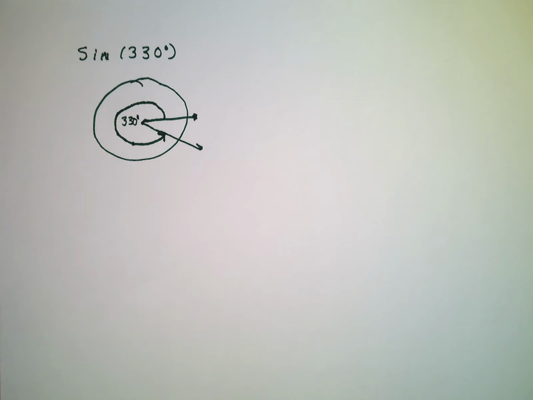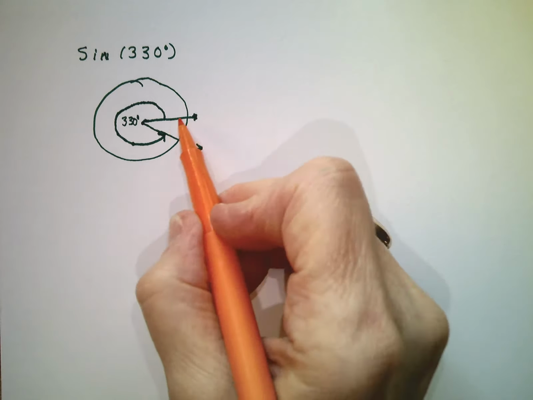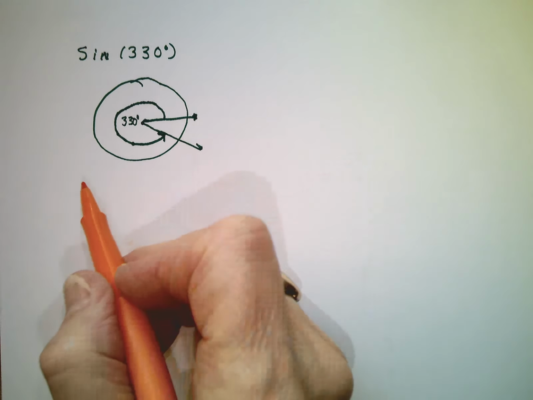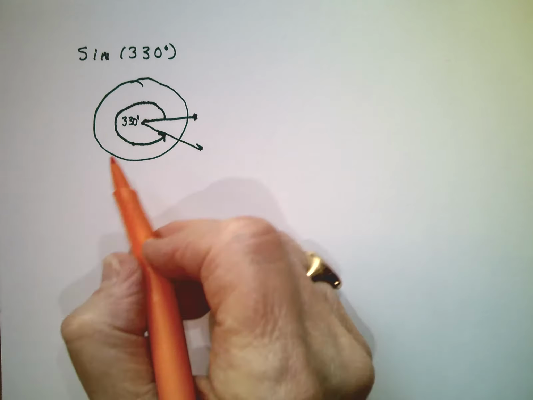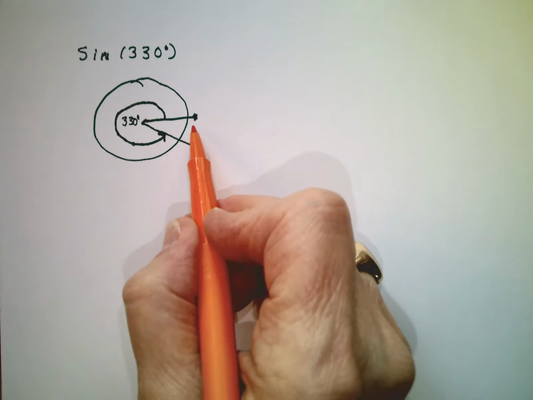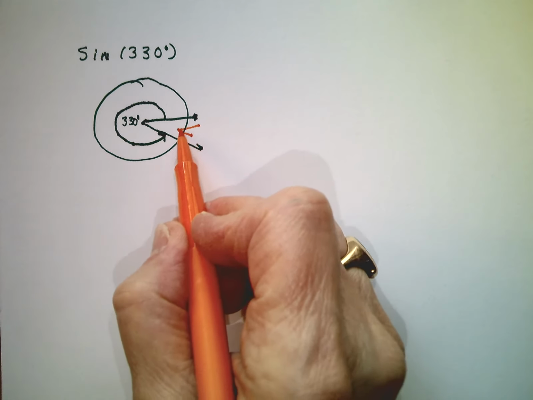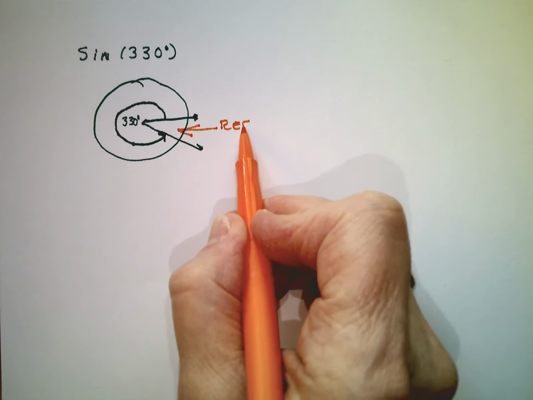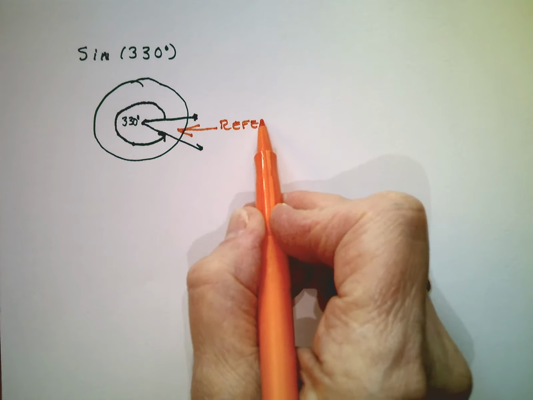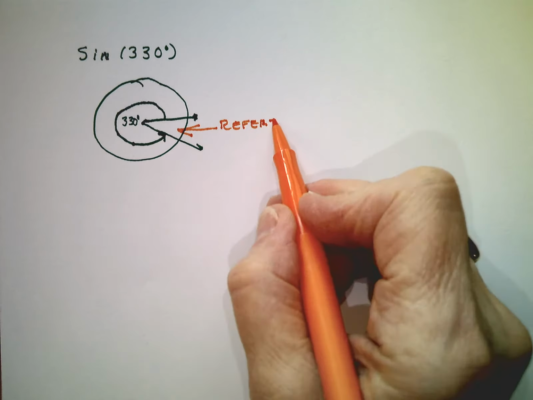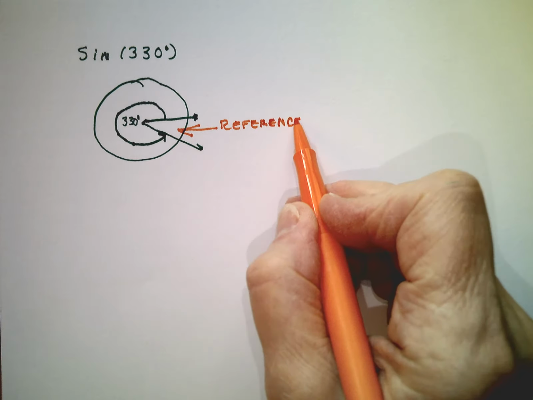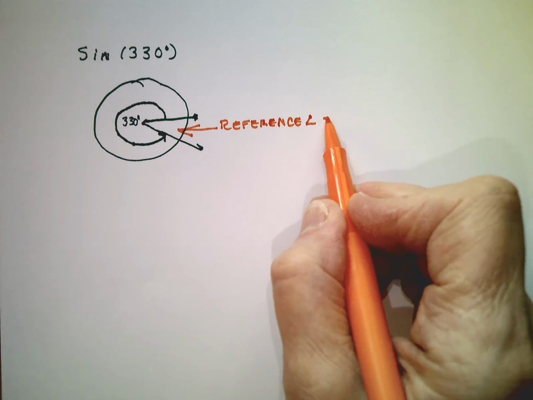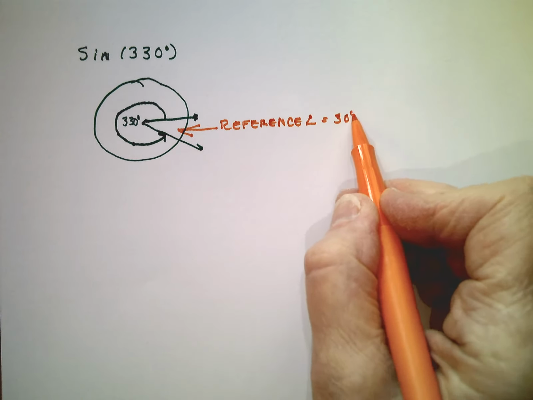So our reference angle is going to be between this terminal ray and the x-axis. Well, this is 330. Our reference angle here is going to have to be what's left out of the circle. So the reference angle is going to equal 30 degrees.